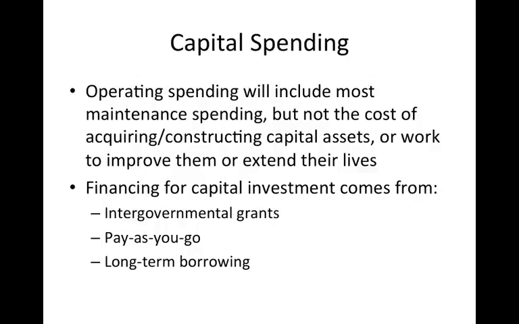Capital investment basically is financed in three ways: grants from other governments and from private sources. Pay-as-you-go, which I just defined for you, is essentially raising revenues each year to pay for capital construction as it's done. And then long-term borrowing, selling municipal bonds or some form of debt that is paid off over a period that could be from 5 to 30 years, or sometimes even longer.